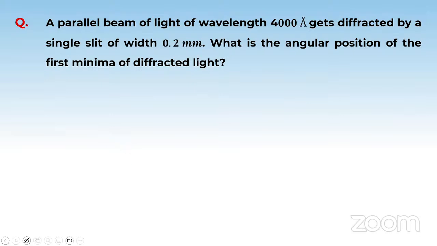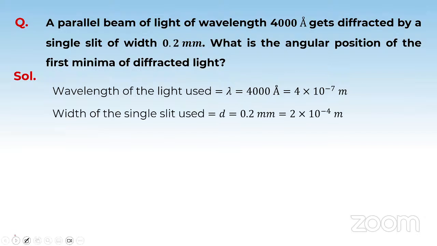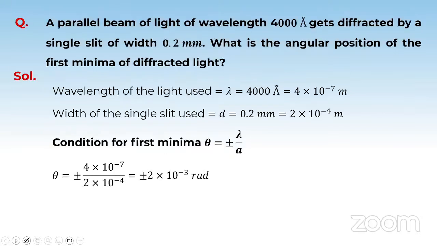The wavelength of the light is given as 4000 angstrom. The single slit width is given, which is a. All units should be converted to the same. The condition for the first minima is theta equals plus or minus lambda upon a. So theta you would find out.